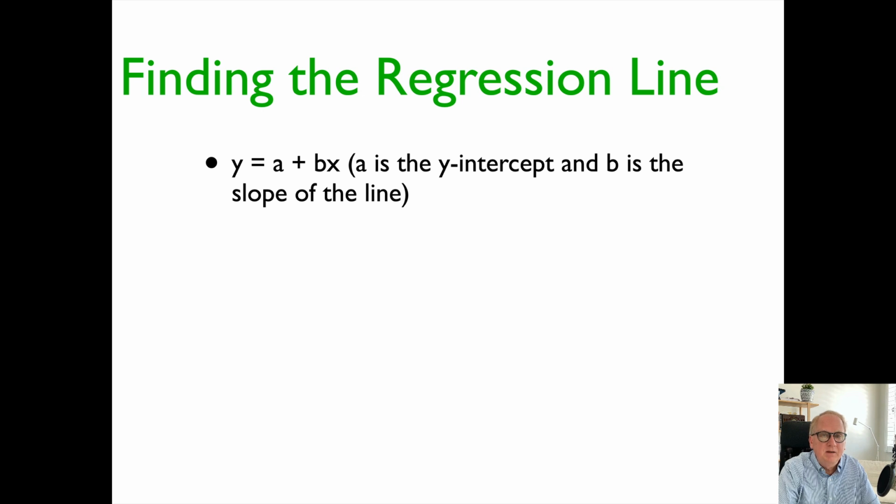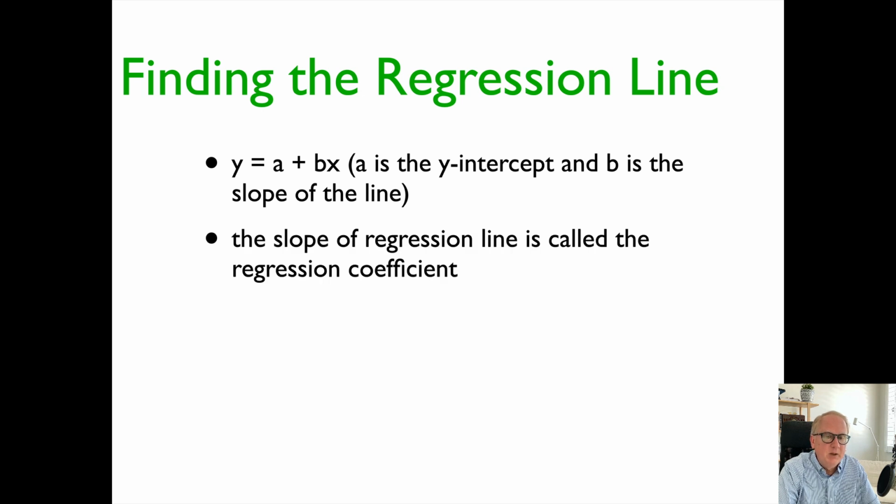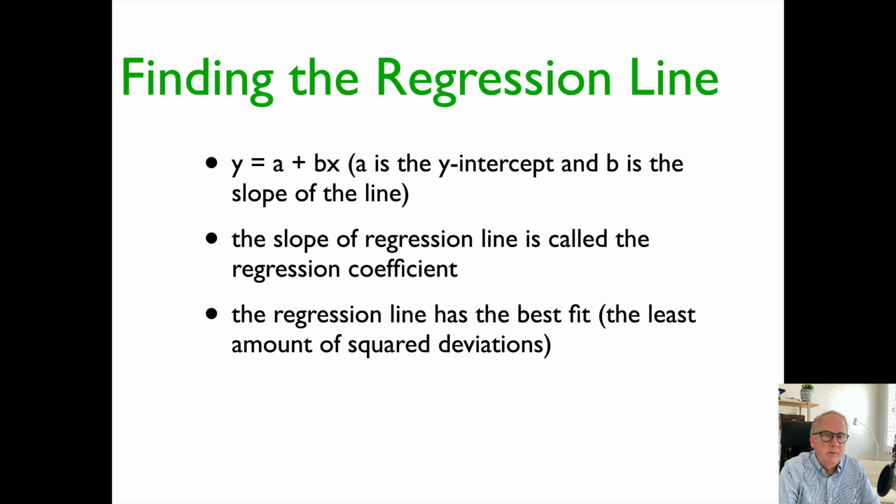And then b is the slope of the line, how much y changes for each unit of x. In regression, the slope of the regression line is called the regression coefficient. Therefore, we can compute the regression coefficient and the y-intercept, and then we would have our regression line. Our regression line is then the best fit, the one that has the least amount of squared deviations.